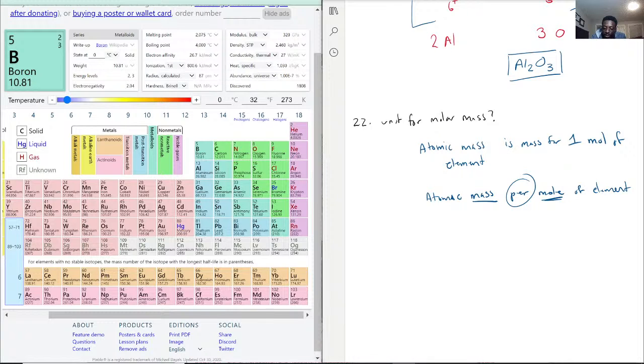This is the unit for molar mass. All the numbers listed on the periodic table are the atomic mass, and that is the mass given per 1 mole of that element. So that's pretty much how we get the unit for molar mass.